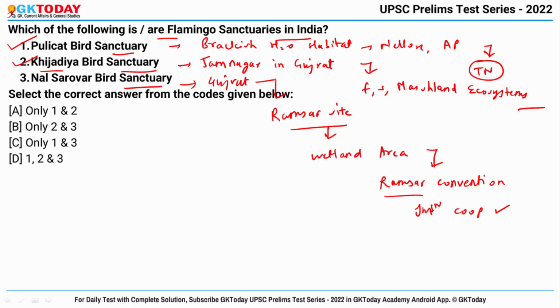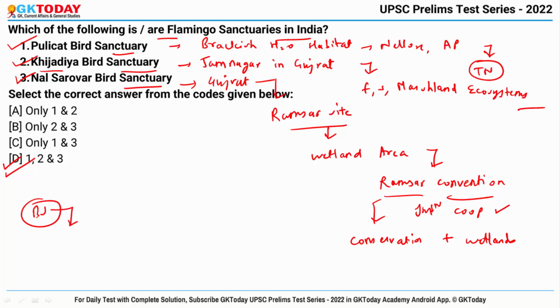Now, what is the Ramsar Convention? It is a kind of international agreement that promotes the conservation and wise use of wetlands. Fine. So here all are flamingo sanctuaries. Correct answer is 1, 2 and 3.